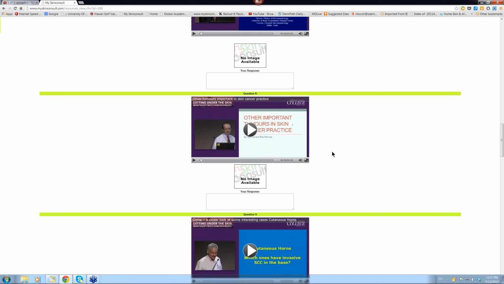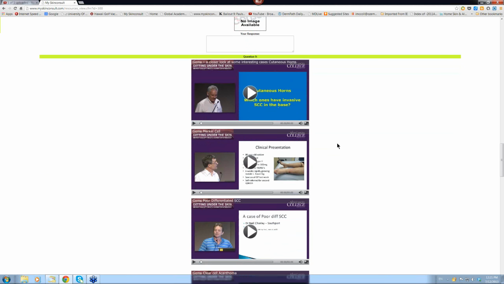But we did spend time on Merkel cell, atypical fibroxanthoma, some spindle cell tumors, and looked at T and B cell lymphomas. Now, admittedly, the latter aren't all that common, but it's important to have an understanding of them if you're doing skin cancer work. So this lasts about, I think, 45 minutes, and certainly just from the point of view of Merkel and atypical fibroxanthoma, it's worth having a look at.